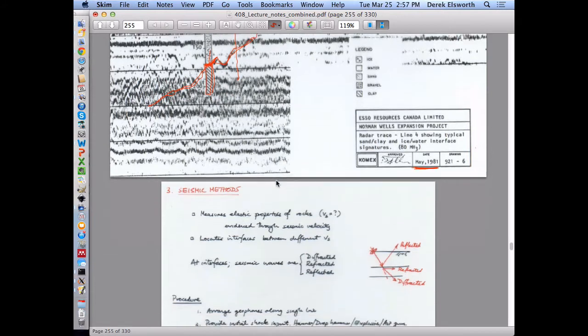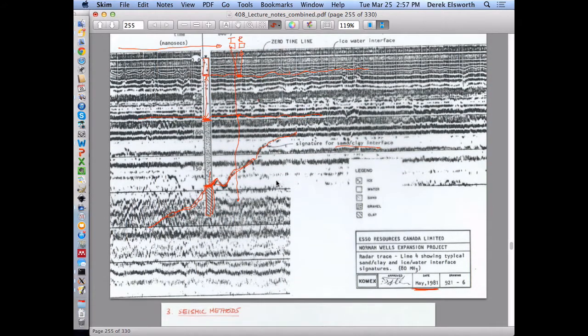So GPR is used a fair amount, one, to pick out stratigraphy. It was used, for instance, at Borden. If you remember some of these examples we looked at, we had the plumes disappearing downrange for a conservative tracer, where the plume size grew with time as it spread out.